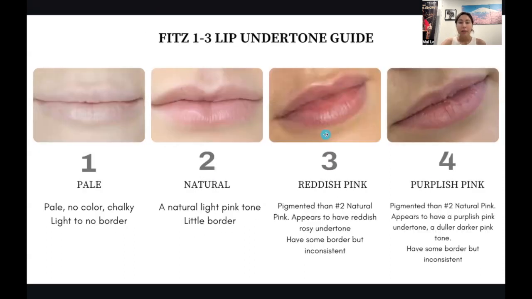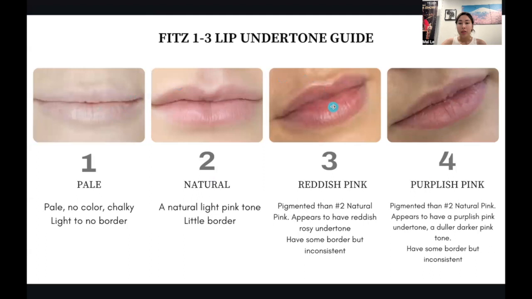So for example, if we were given a lip color and you applied that lip color on lip number 3, it's going to show less than on number 1, because number 1 is so pale. That's going to help you choose how intense you want the color to be.